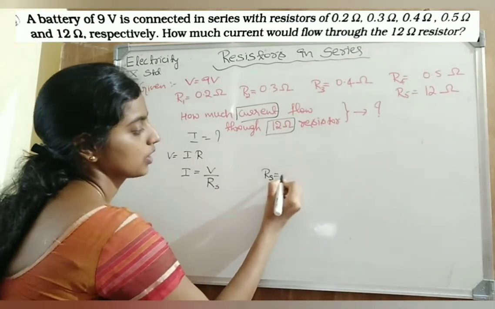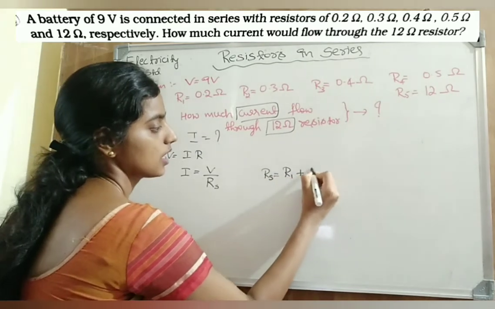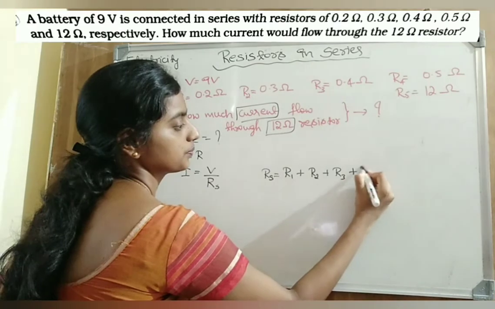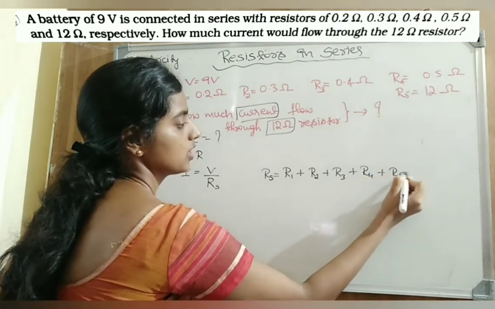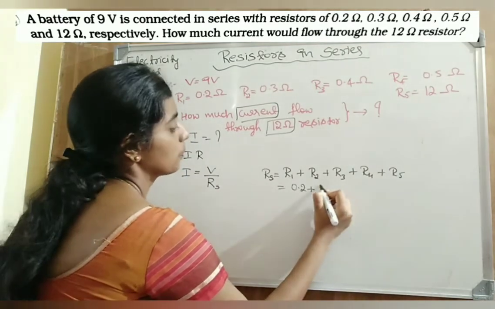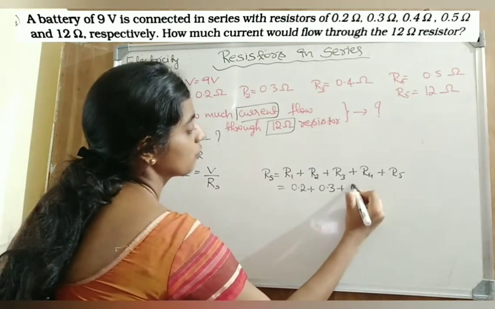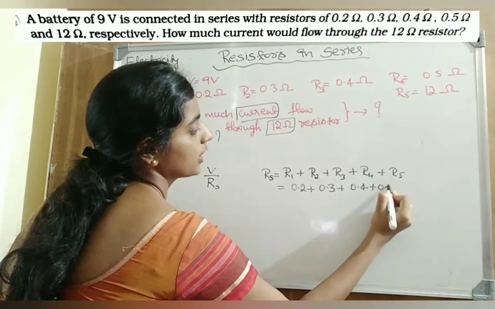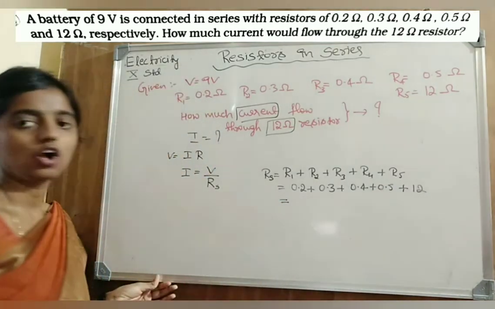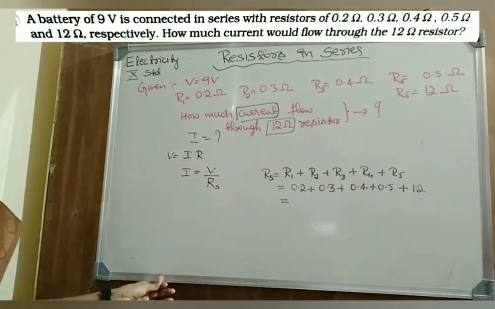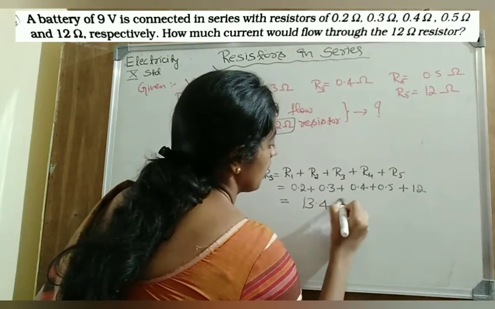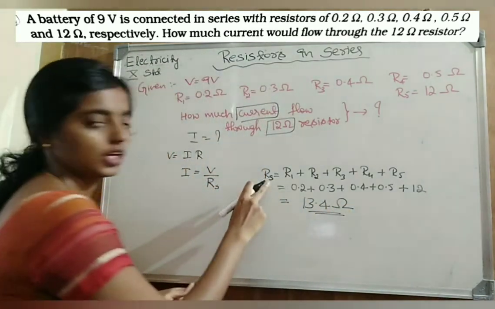RS will be R1 plus R2 plus R3 plus R4 plus R5. Substitute all the values: 0.2 plus 0.3 plus 0.4 plus 0.5 plus 12. Add all the values, we will get 13.4 ohm as total resistance.